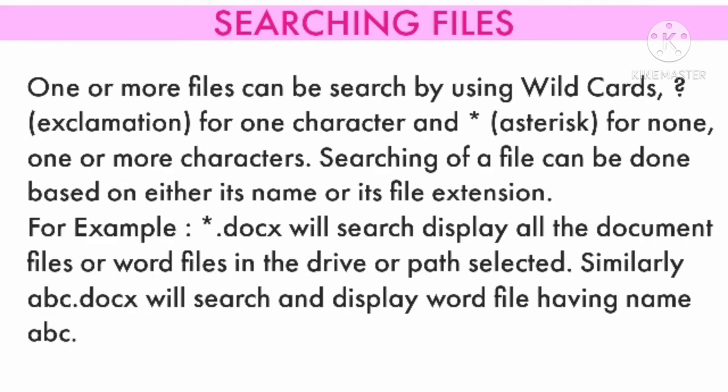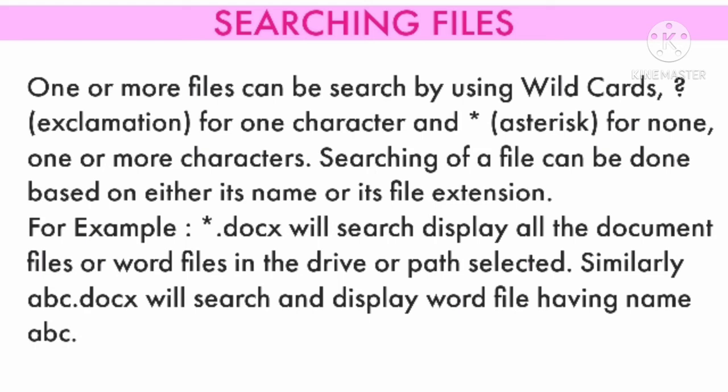Searching files. One or more files can be searched by using wildcards: question mark for one character and asterisk for none, one or more characters. Searching of a file can be done based on either its name or its file extension.